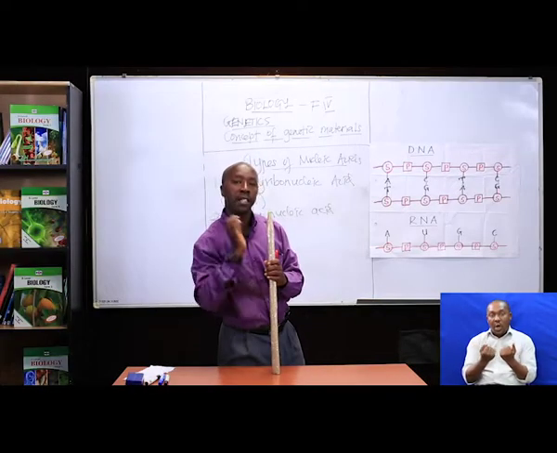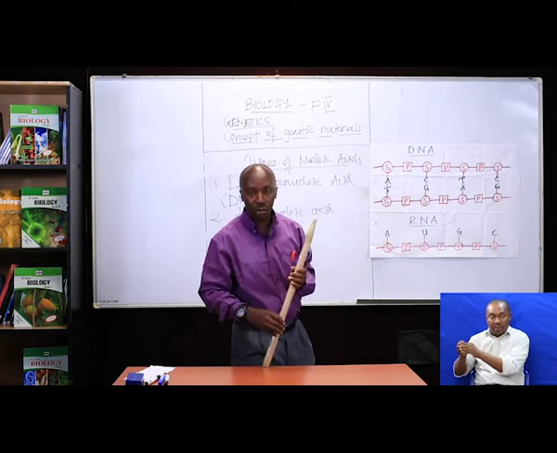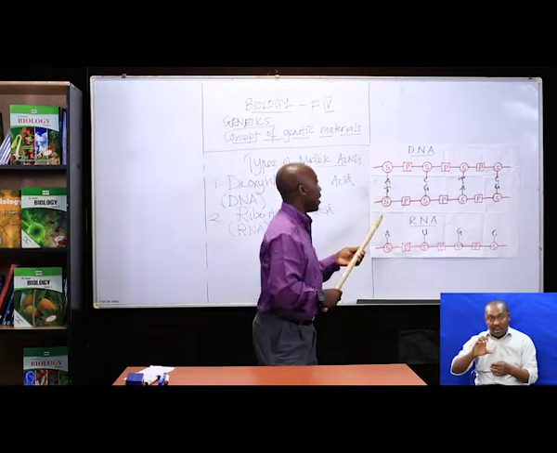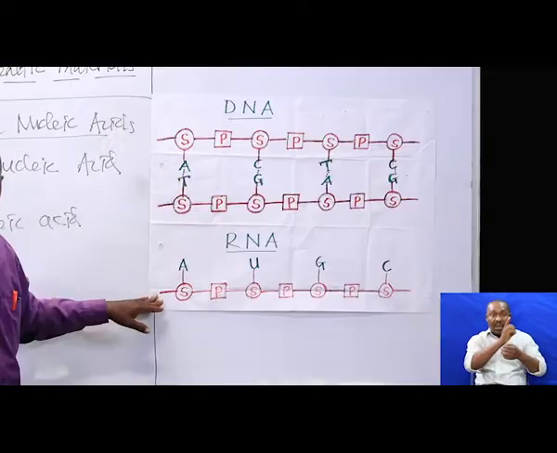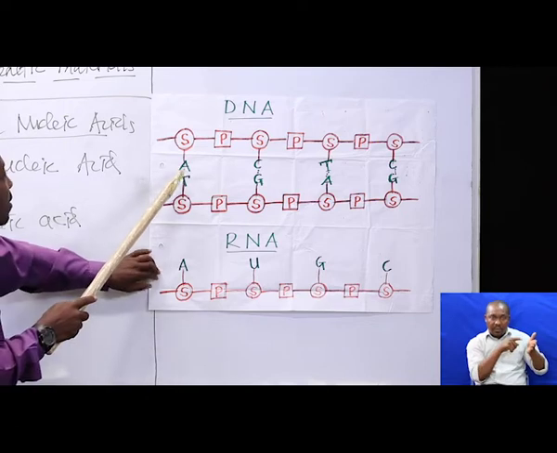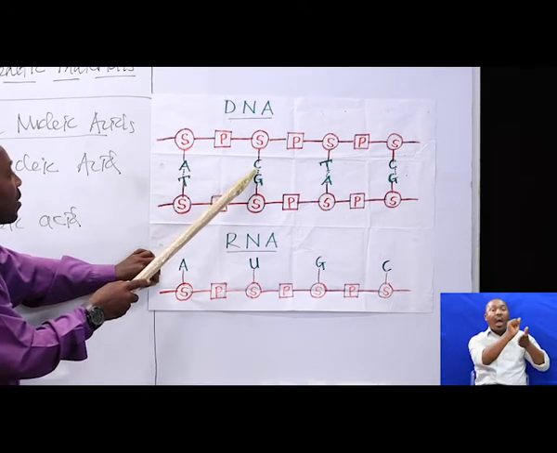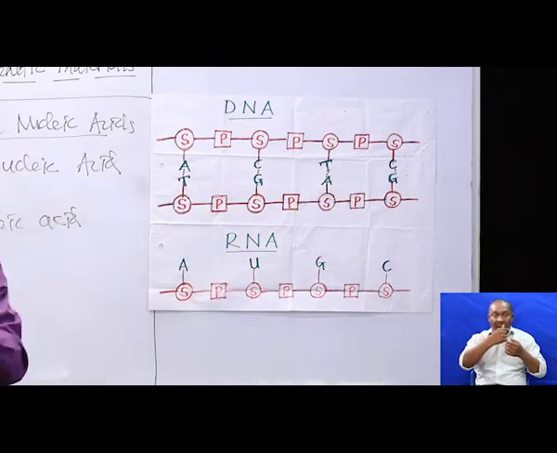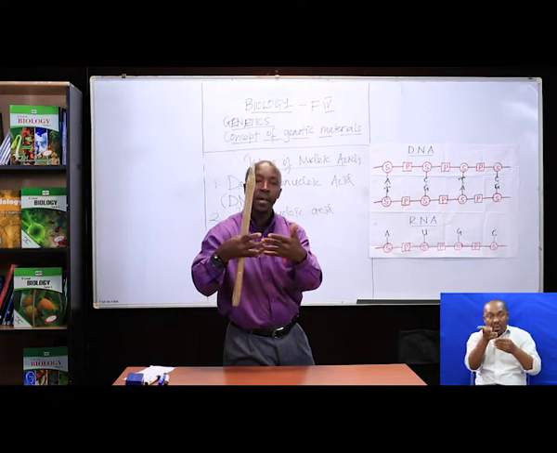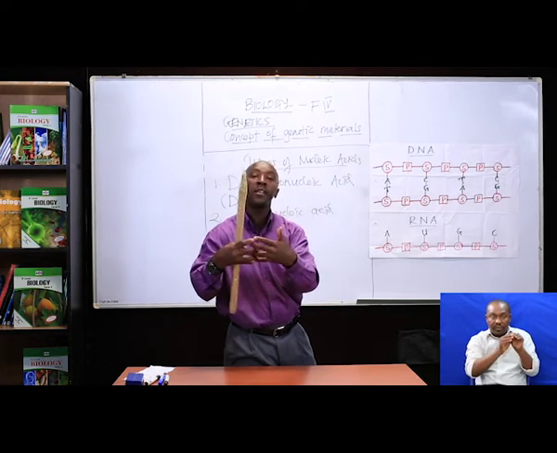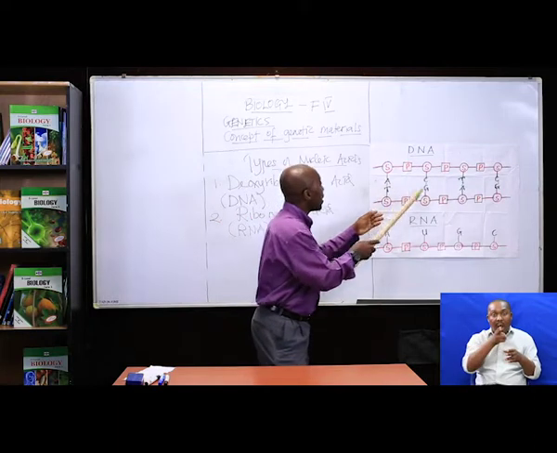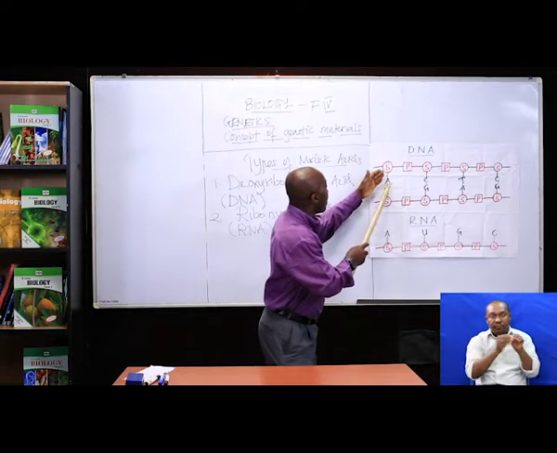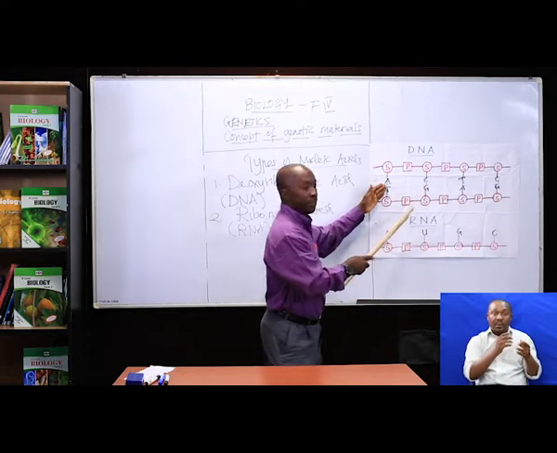Another difference, my dear student, between DNA and RNA is the constituents, the composition. As I told you earlier, there are organic bases. So in DNA, look very carefully, there is adenine, cytosine, thymine, guanine, and they pair together using a hydrogen bond. There is a special bond here, which is called the hydrogen bond. So there is ATCG.